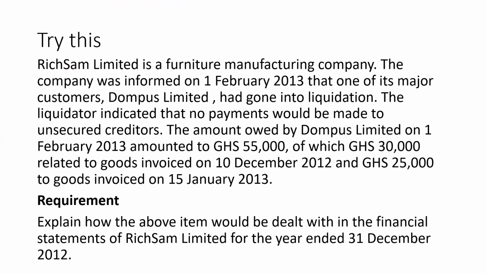The amount owed by Dumpus Limited on 1st February 2013 amounted to 55,000 cedis, of which 30,000 cedis related to goods invoiced on 10th December 2012 and 25,000 cedis to goods invoiced on 15th January 2013. Requirements: explain how the above item would be dealt with in the financial statements of Richsam Limited for the year ended 31st December.